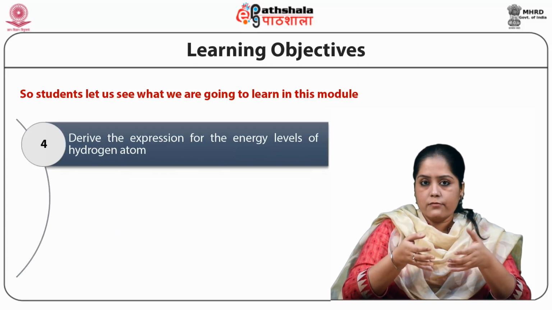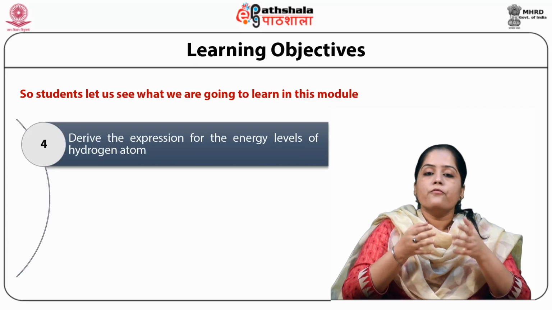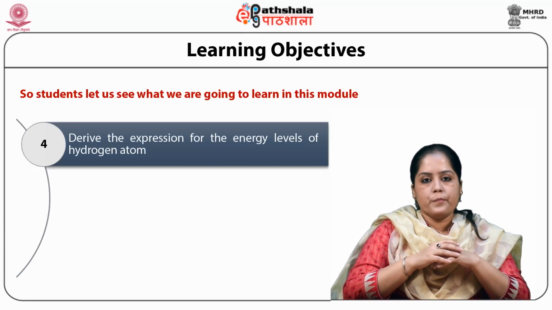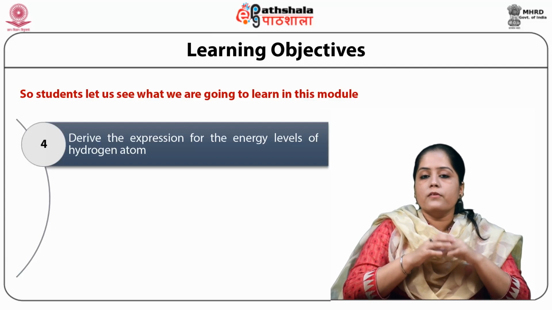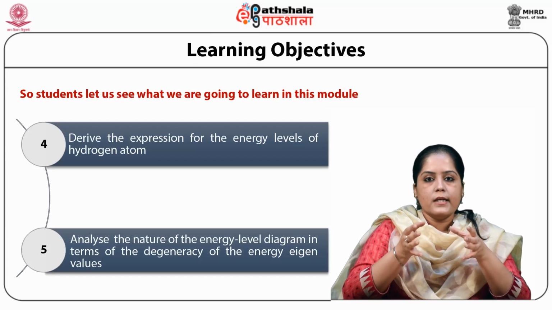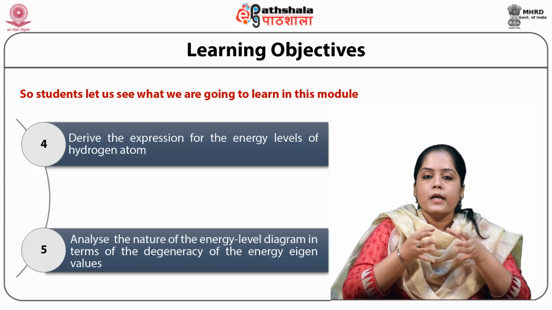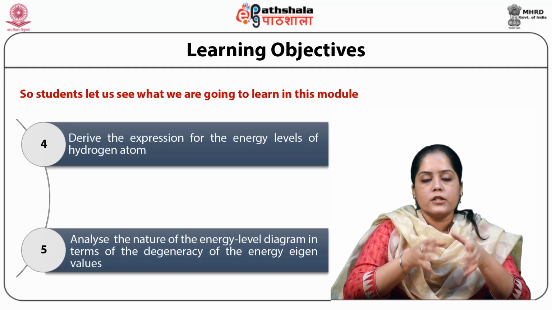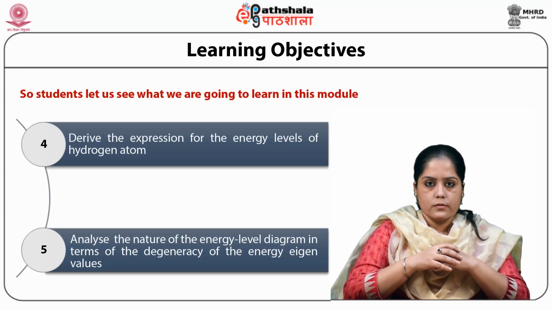Next, we will derive the expression for the energy levels of hydrogen atom. Lastly, we will analyze the nature of the energy level diagram in terms of the degeneracy of the energy eigenvalues.